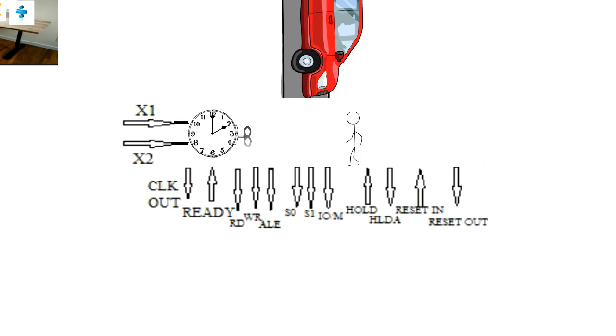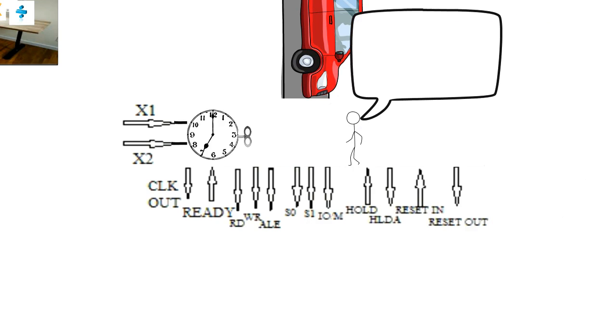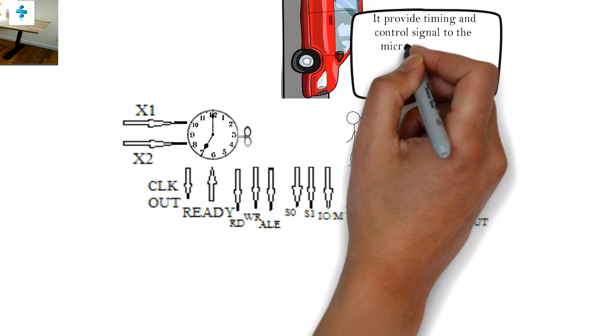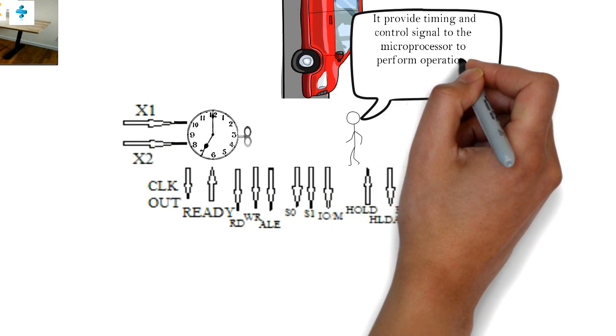So here you can see how the key is controlling the timing action. So the timing and control is achieved. This unit basically provides timing and control signals to the microprocessor to perform operations such as READY, HOLD, HLDA, etc.